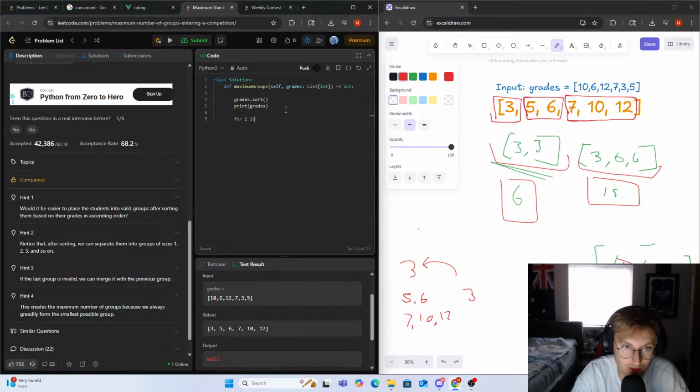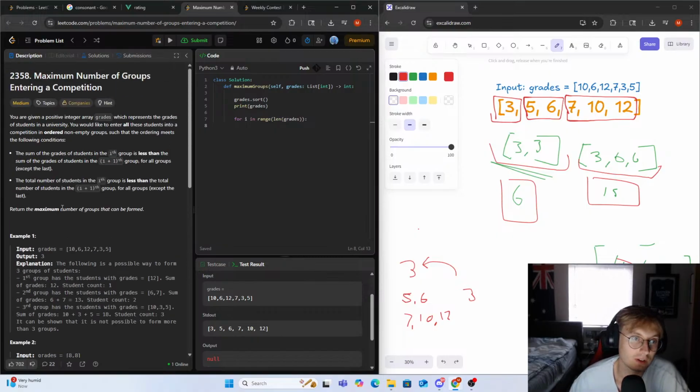Okay, so if I in range length grades. What do we want to do here? How would we do this in terms of making these groups? Two, three.